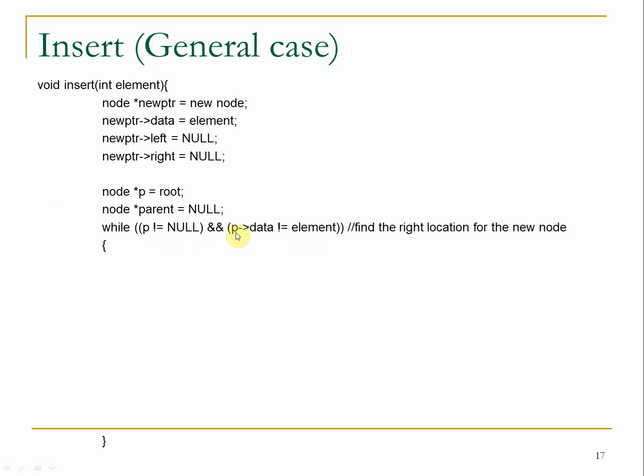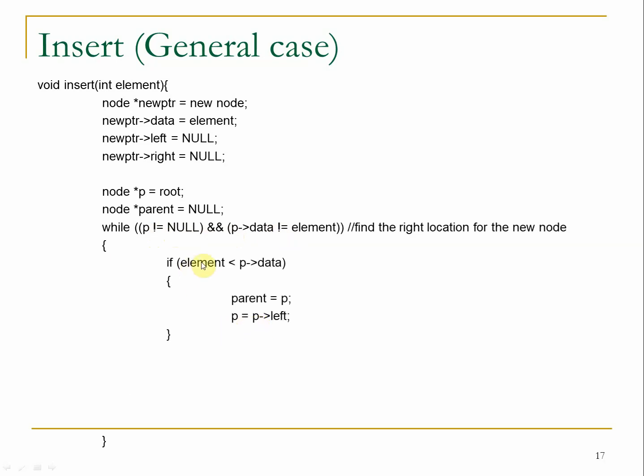And P to the data is not equal to the element. This is a special check to see if we have a duplication of the value. As long as P hits a null, it will stop the loop. As long as we find a duplication, it will also stop the loop, saying that there is a special scenario. So this whole process is trying to help us find the right location.